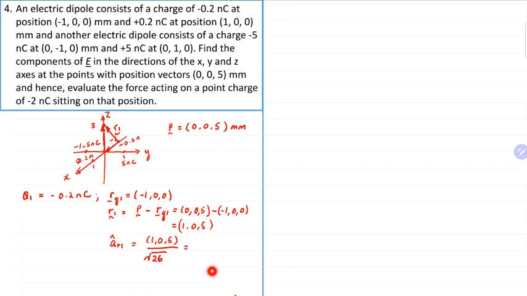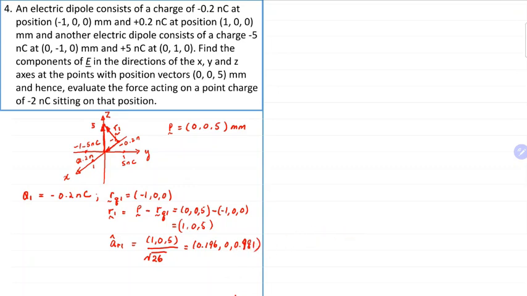And this gives us (0.196, 0, 0.981). So that is for Q1.